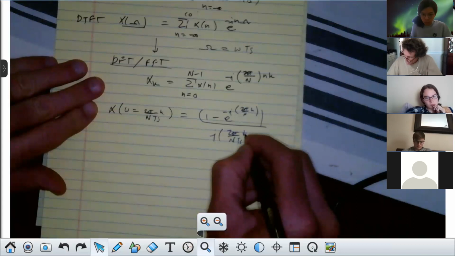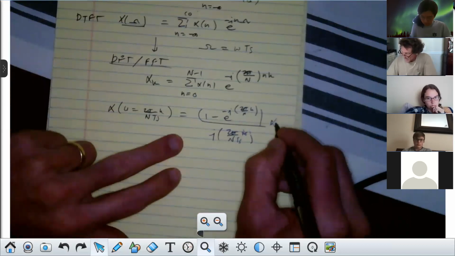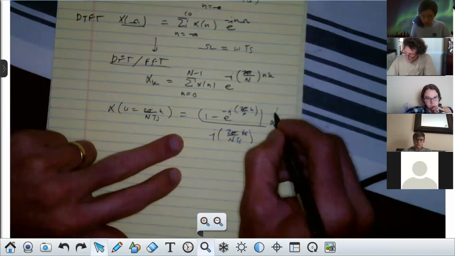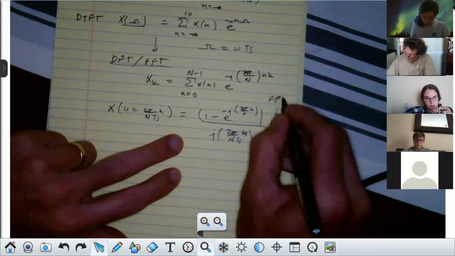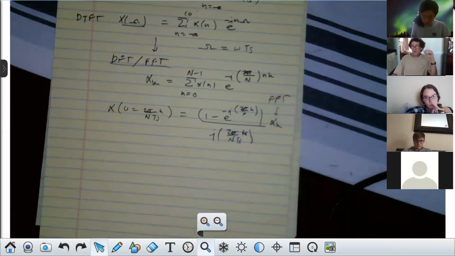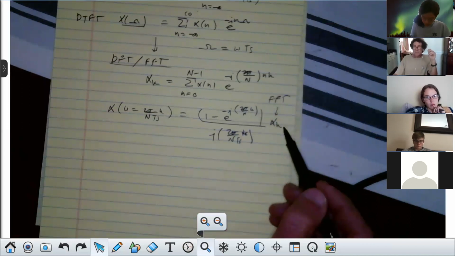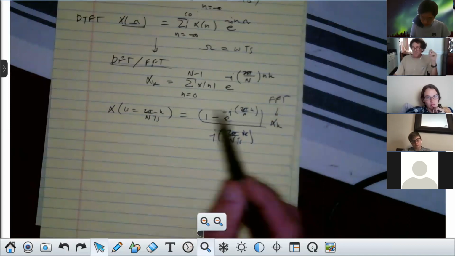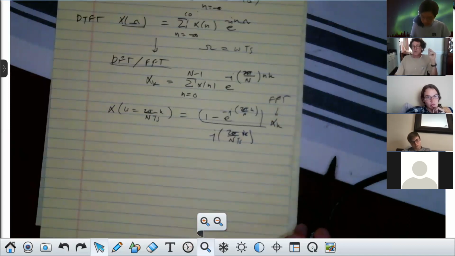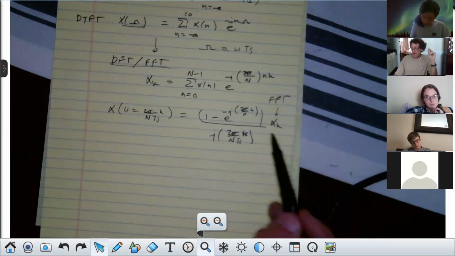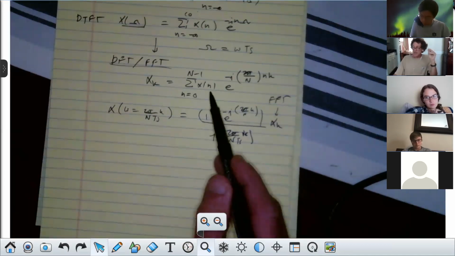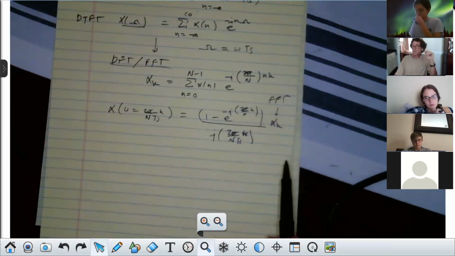If you don't remember this, trust me, it's in your notes, times X of k, and this X of k is just the FFT. You proved to yourself that if we adjusted the DTFT, we get something that compares exactly to the Fourier transform, assuming we sample fast enough so the values of x of n and x of n plus 1 are about the same. Y'all remember that?